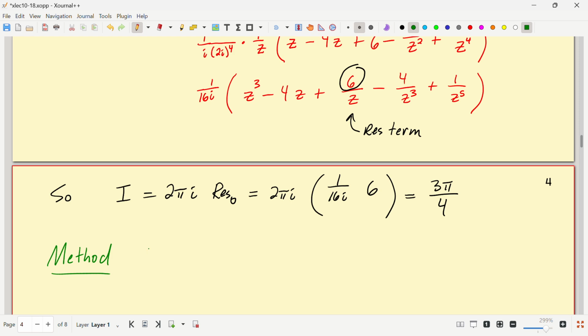Method. Let's suppose we have R of z, w. It's a rational function in two variables.